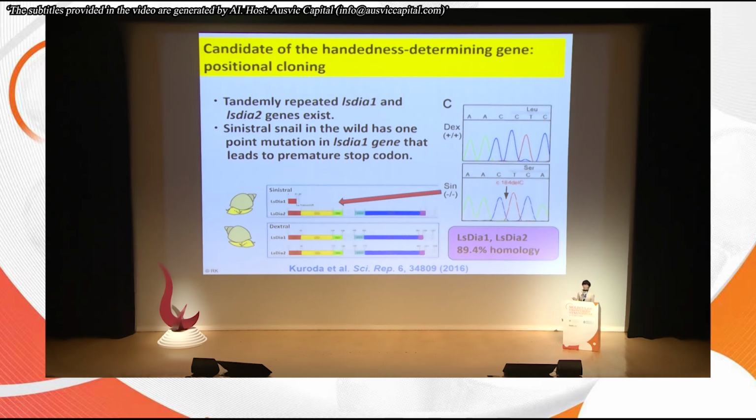But surprisingly, LSDIA1 and LSDIA2 have 89.4% homology. Isn't it amazing? It's so similar, but this is actually the result we obtained. So the tandemly repeated LSDIA1, LSDIA2 genes exist for the right-handed, but the sinistral one lacks LSDIA1.